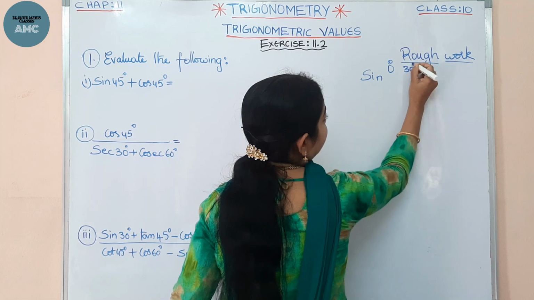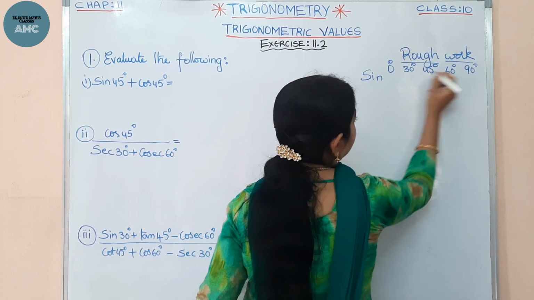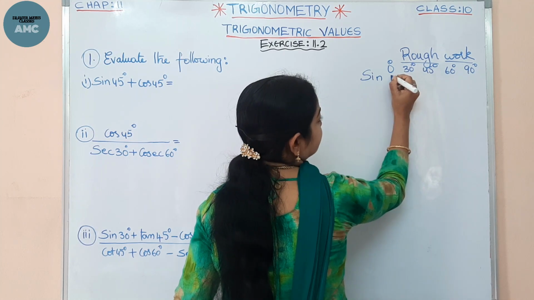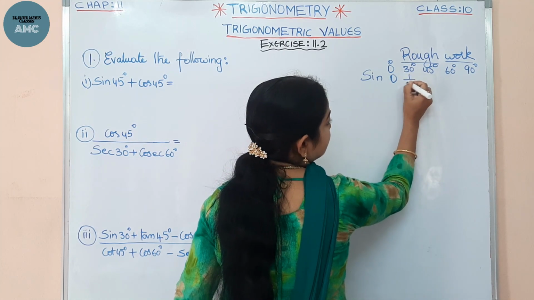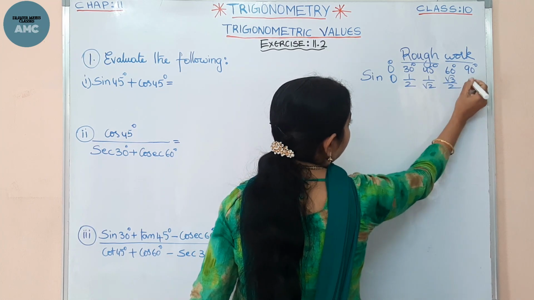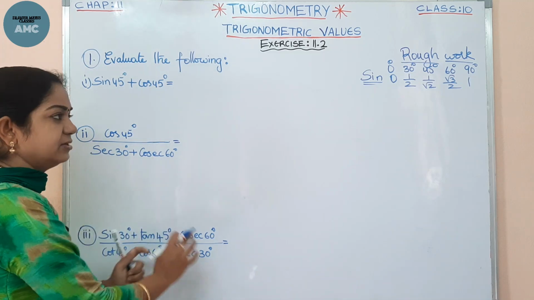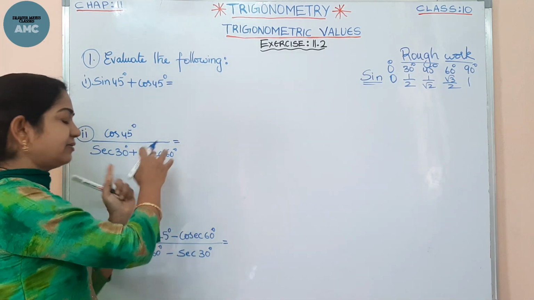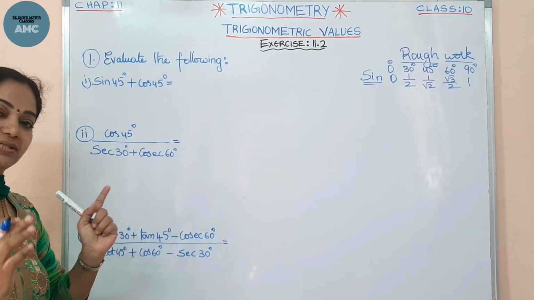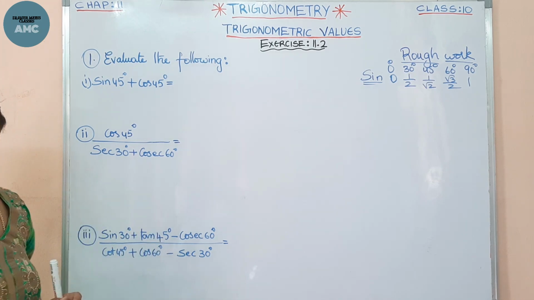Sine 0 is 0, 1 by 2, 1 by root 2, root 3 by 2 and 1. So if you remember these values, bring all the functions to sine so that I can apply them. Or else just write the tabular column in the rough part and substitute the values.